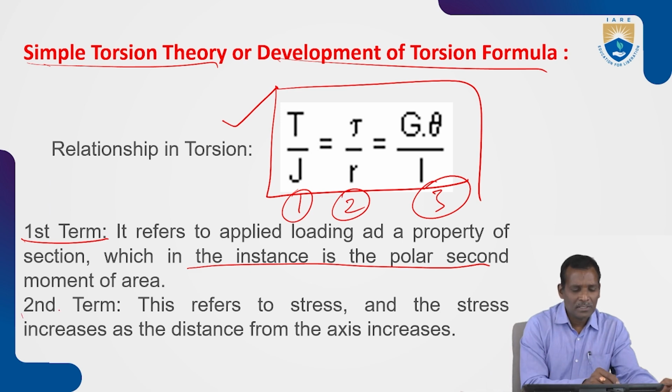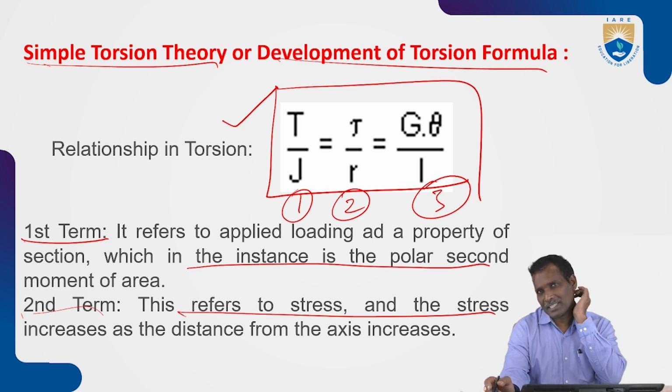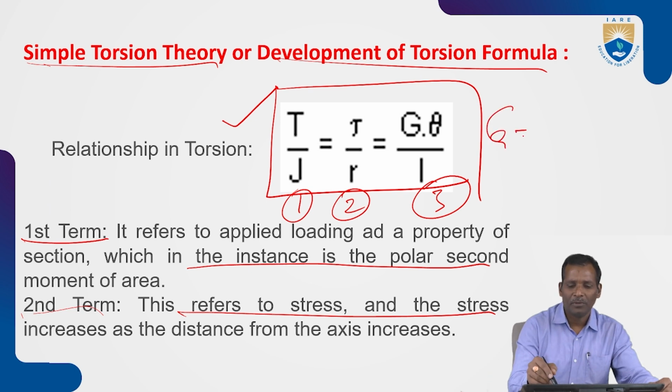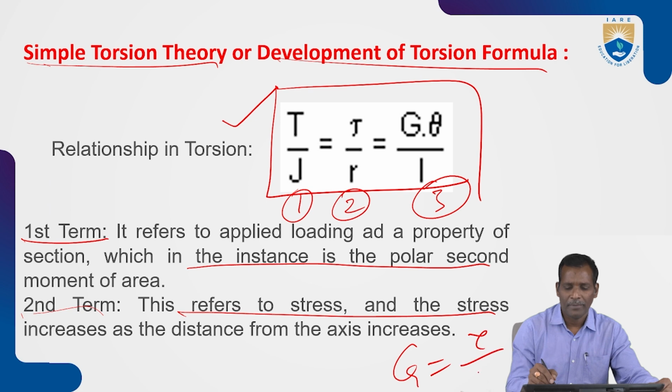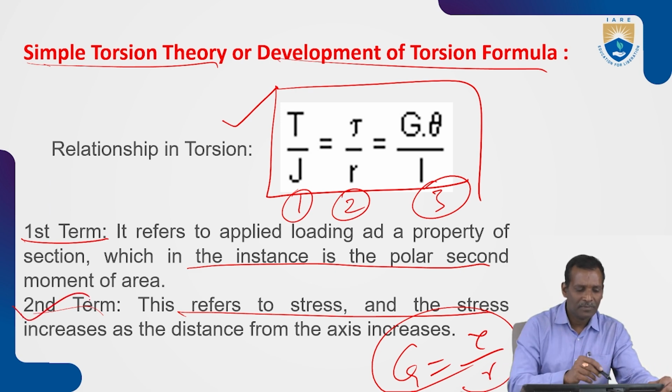The second term refers to the stress, and the stress increases as the distance from the axis increases. G is equal to tau by shear strain, as we already saw in the first case.